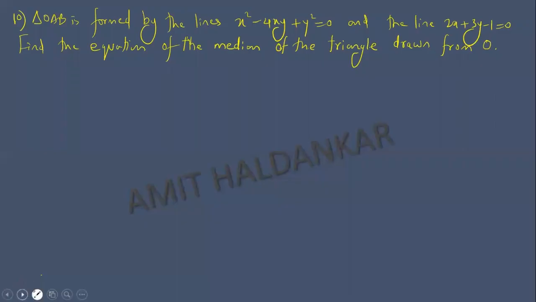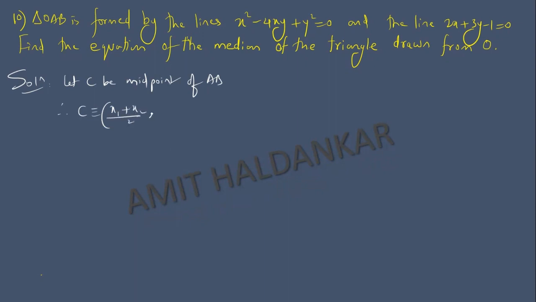So I'll take the first equation. Okay, we can start with, let C be the midpoint of AB. Therefore, coordinates of C are x1 plus x2 by 2, y1 plus y2 by 2.